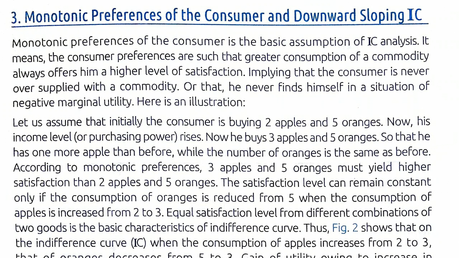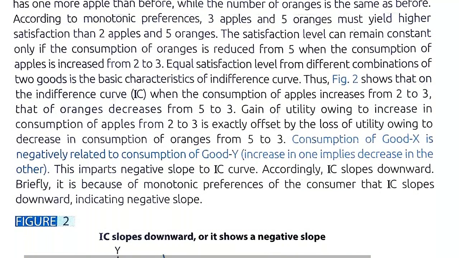So this is the monotonic preference of a consumer, and downward sloping IC, why does it slope down? Because of this monotonic preference, with increase in consumption of apples, the consumption of oranges is decreasing, and that is why the indifference curve slopes downwards.